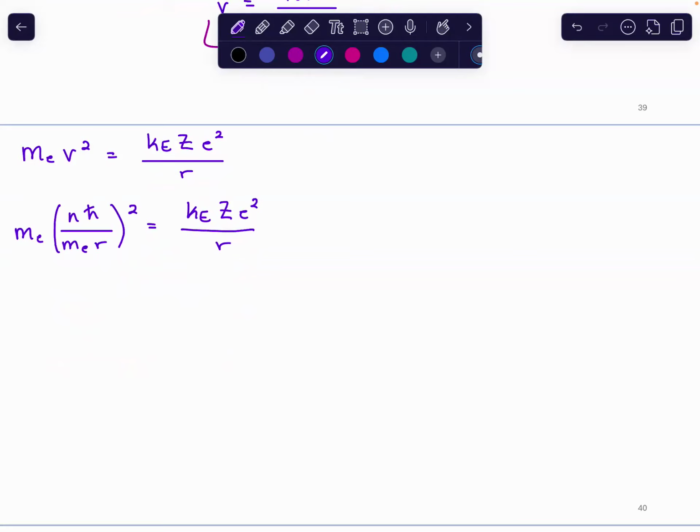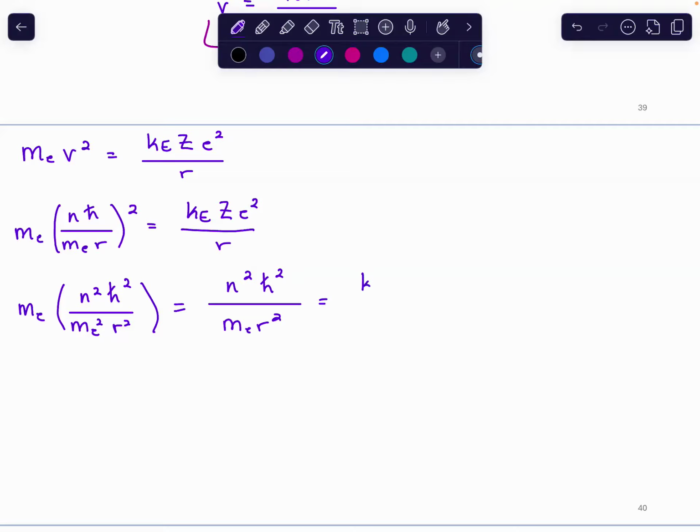All right. So this is going to give us the mass of the electron times n squared h bar squared over m_e squared R squared. Well, the m_e is going to cancel out one of the m_e's. So we're going to get n squared h bar squared over m_e R squared.